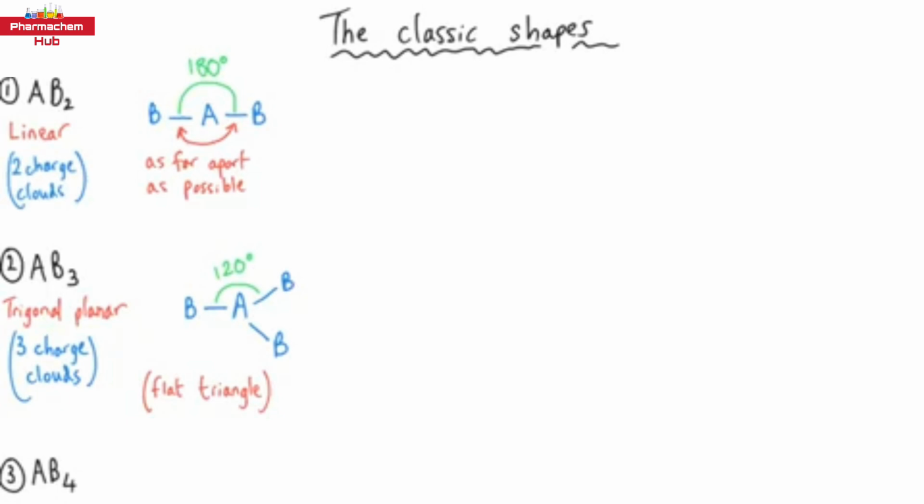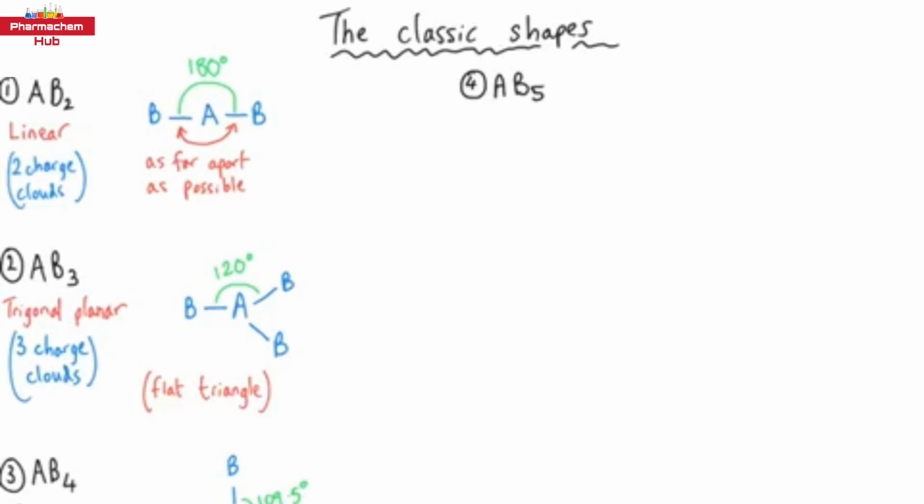But 3-dimensional space is a bit more complicated, and we can actually get 109.5 degrees apart when the bonds are pushed upwards and downwards, so out towards us and into the paper. And this is actually exactly the same shape that I showed you on the previous page. This is a tetrahedral shape, or you would call it a tetrahedron, because you've got 4 corners to this 3-dimensional shape. And so that's for 4 pairs of electrons.